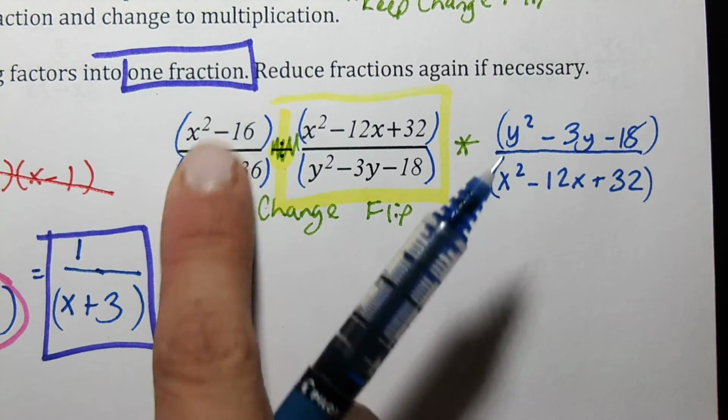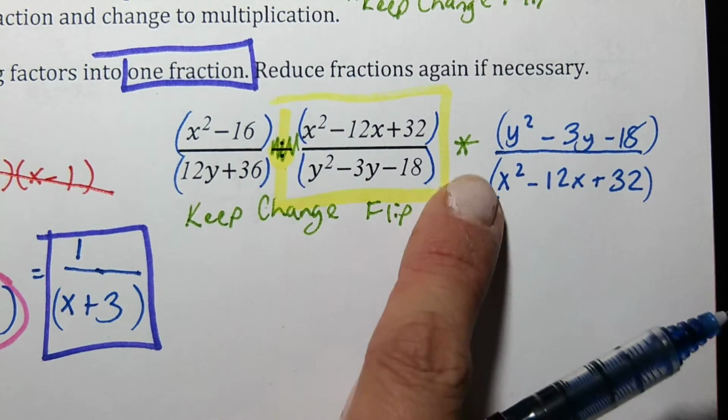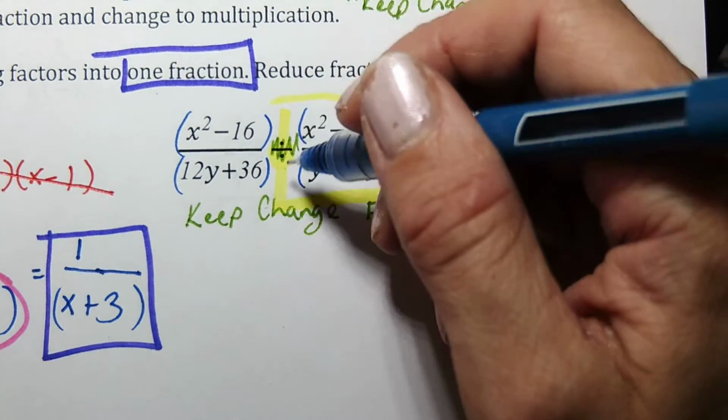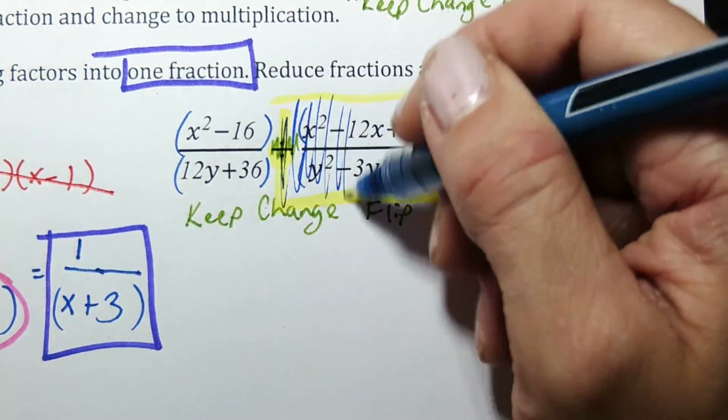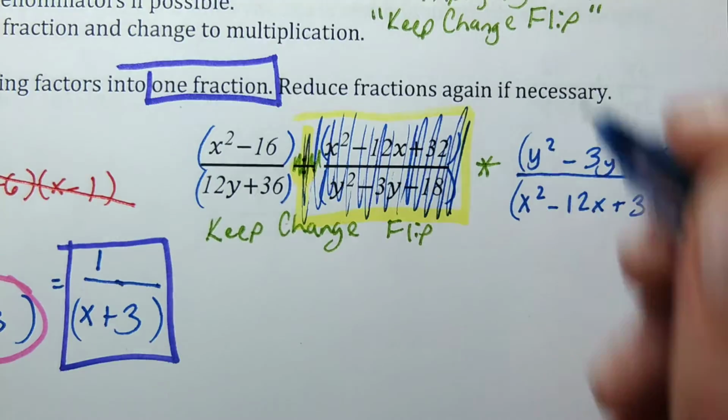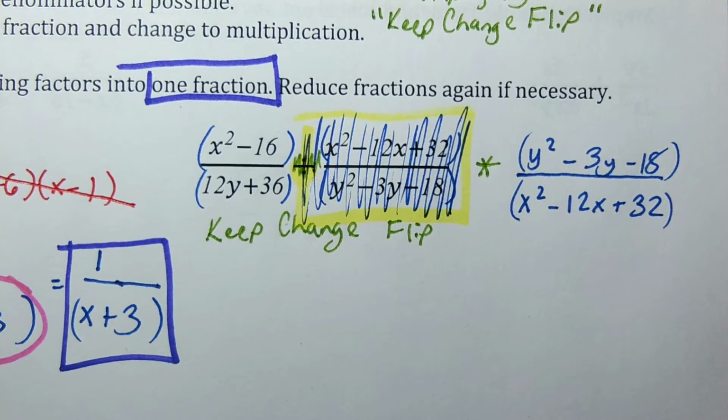So keep the first fraction, change the division to multiplication, and flip the second fraction. And I'm going to completely cross this off so that I'm not tempted to do that old part. We have completely changed the problem to be multiplying by the reciprocal because that is how we divide fractions.